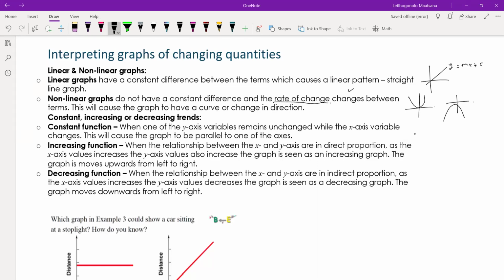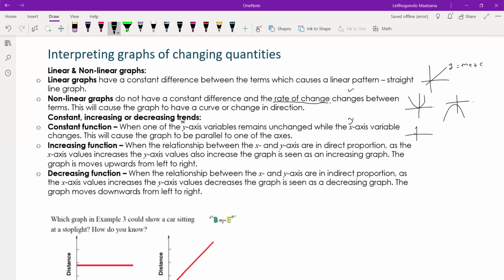Graphs can either be constant, increasing, or decreasing. When a graph is constant, the y variable remains unchanged while the x variable changes. It could also be the other way around, where the x variable changes and the y variable remains the same, and in this way we will get a graph that is parallel to the x-axis.